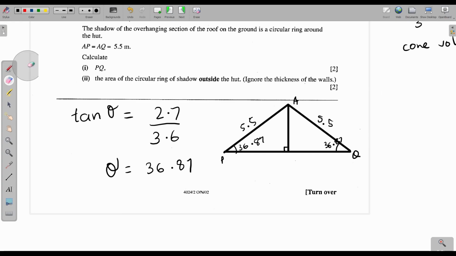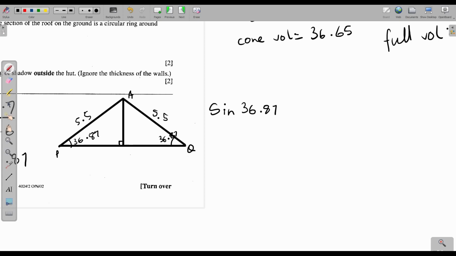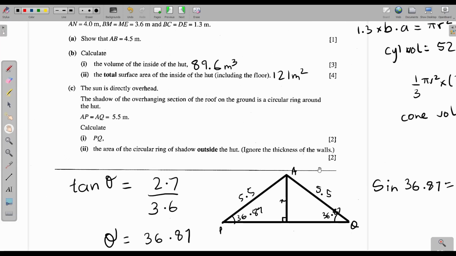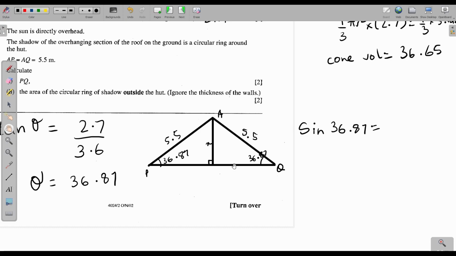So the sine of 36.87 is going to be equal to the opposite, which let's call x. That is what we're trying to find, right? No, that's not what we're trying to find.